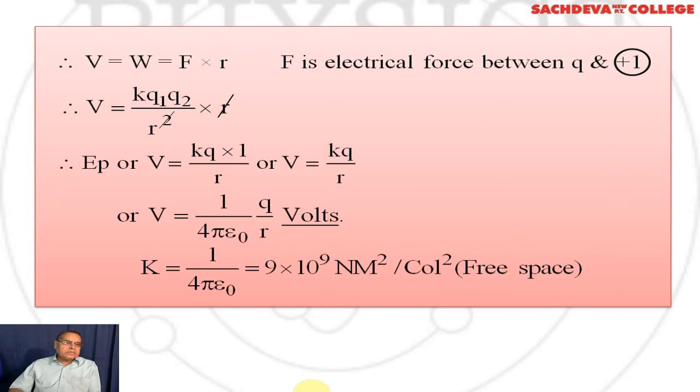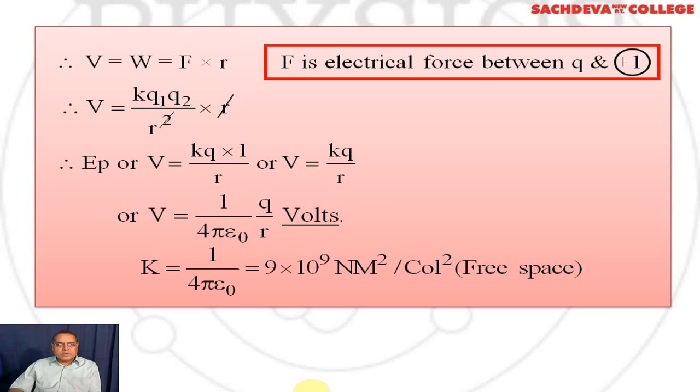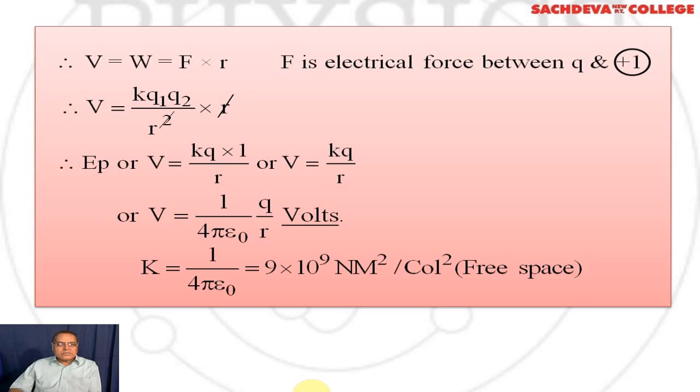Now, this potential can be estimated without using any integration, by using the formula of work which we normally use in mechanics. Potential V is equal to W is equal to F into R, where F is the electrical force between Q and plus 1. And this force can be calculated by Coulomb's law.